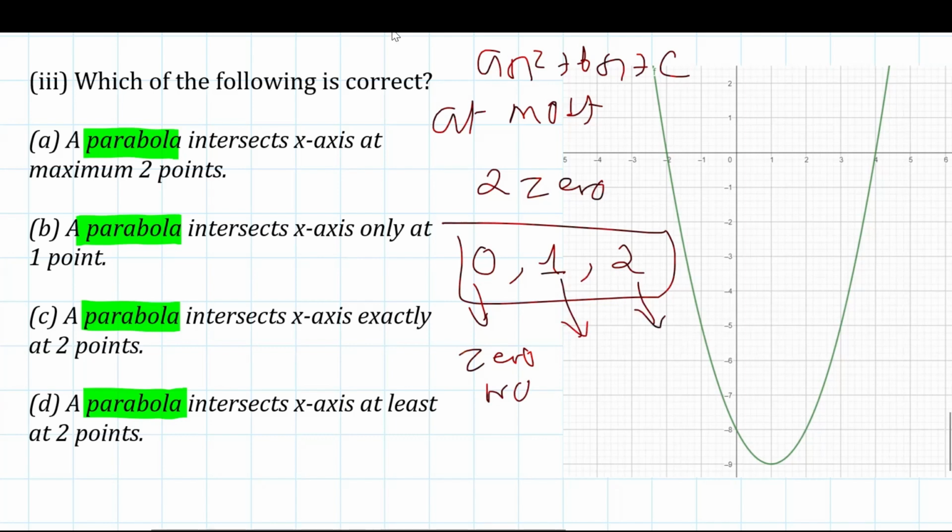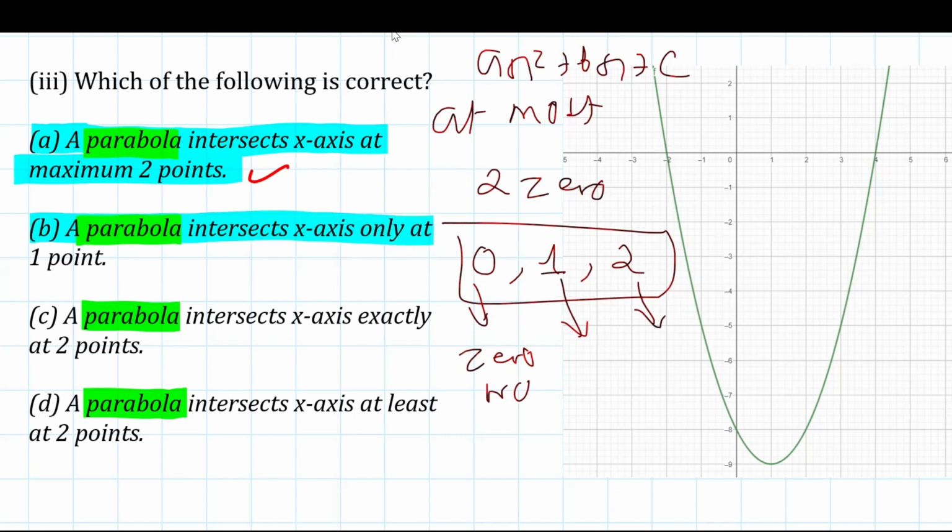Now, if we read the options, we'll be able to figure it out. Let's begin with the first. The first one is a parabola intersects the x-axis at maximum 2 points. Yes, that is true. Now, a parabola intersects the x-axis at only one point, right?